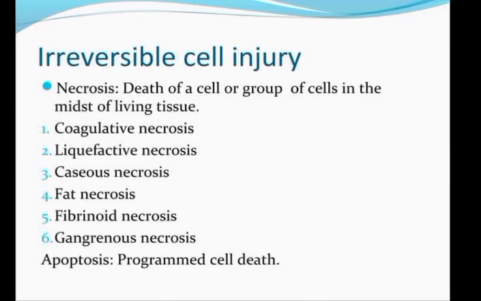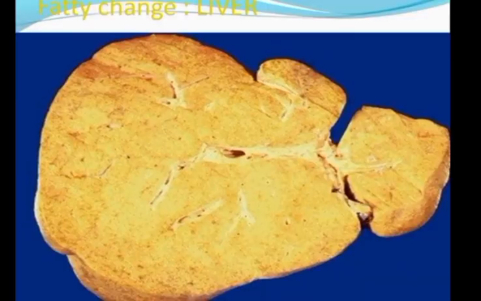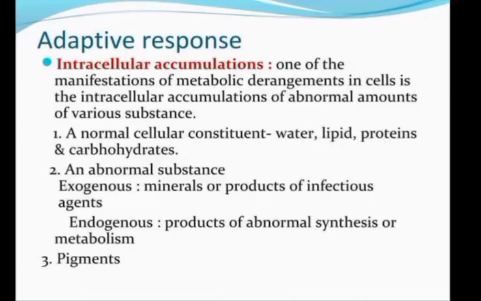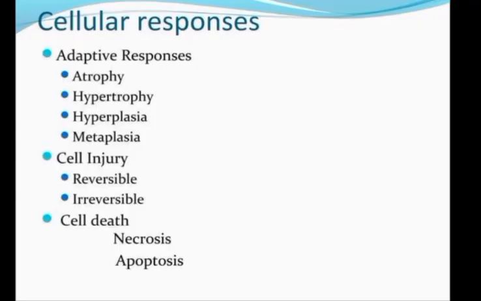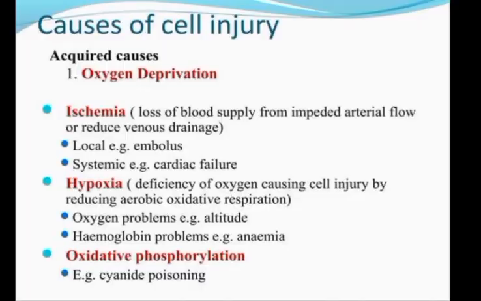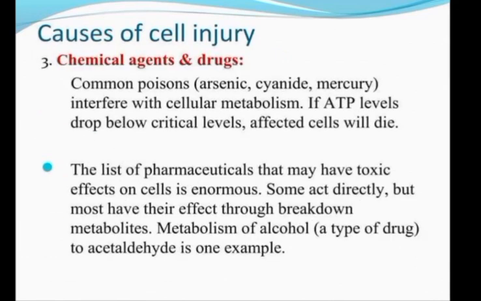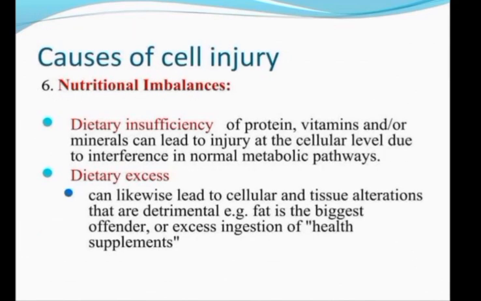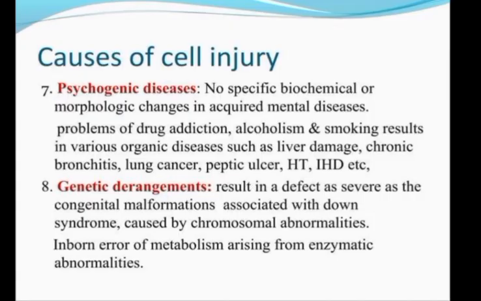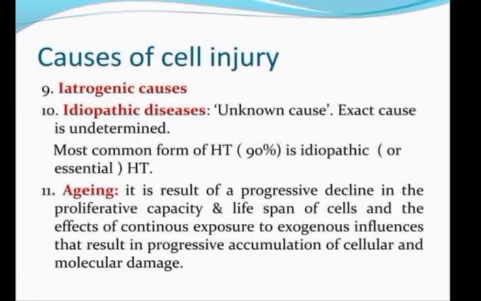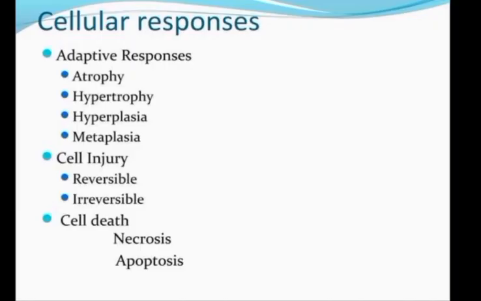Example: neurons. In this video, first we saw what is meant by cell injury and what the causes of cell injury are, acquired and genetic. In acquired causes, there are ischemia, hypoxia, physical agents, chemical agents, microbial agents, immunological agents, nutritional imbalance, psychogenic, iatrogenic, idiopathic, then aging and cellular adaptations.